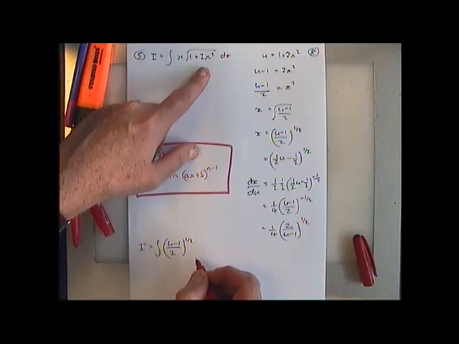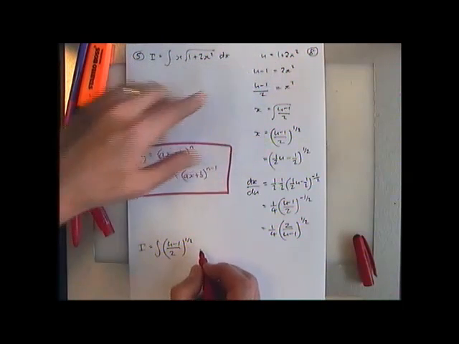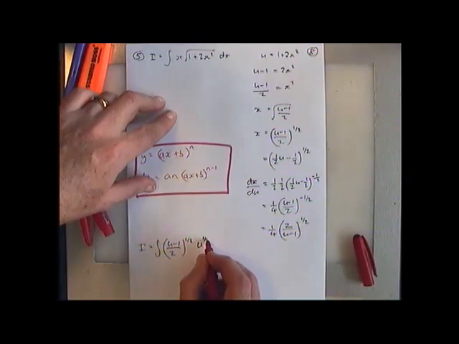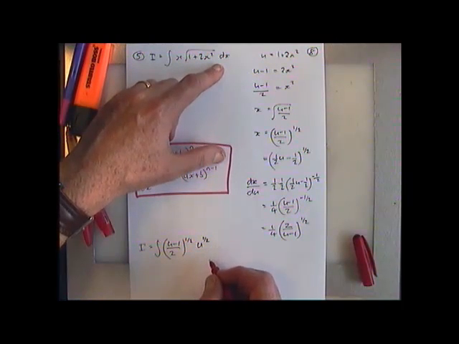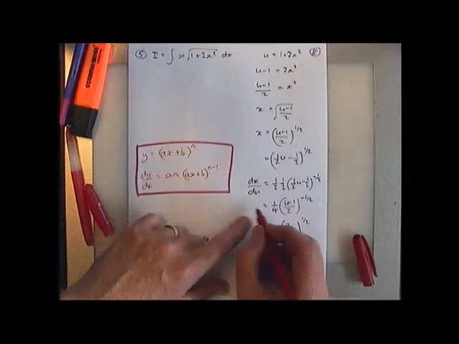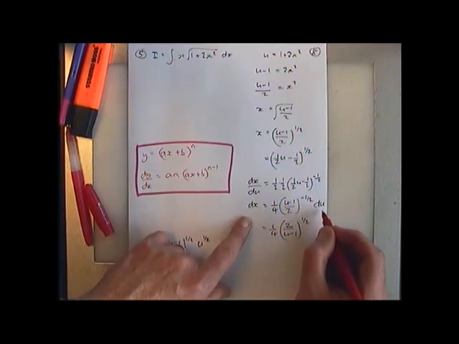What will that be? u to the power of half. Good, yeah, it's that thing there, square rooted. It's u to the power of a half. Then I have dx. Well, dx is this line here with that du put there.